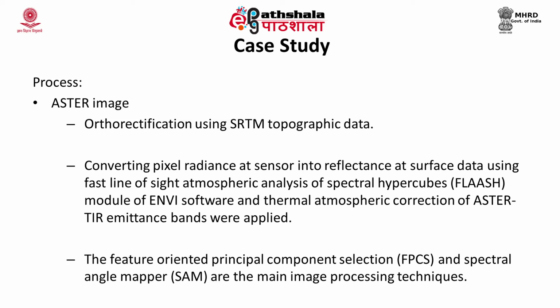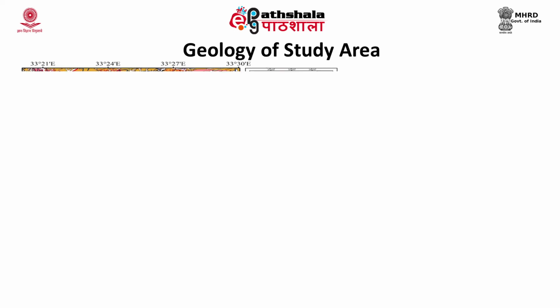Then pixel radiance at the sensor was converted into reflectance at the surface using the fast line-of-sight atmospheric analysis of spectral hypercubes, the FLAASH module of ENVI software, and thermal atmospheric correction of the ASTER TIR emittance bands was applied. Then feature-oriented principal component selection and the spectral angle mapper are the main image processing techniques used here to get information about the mineral exploration.